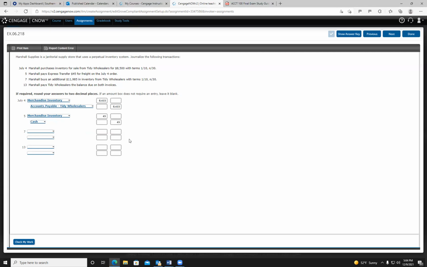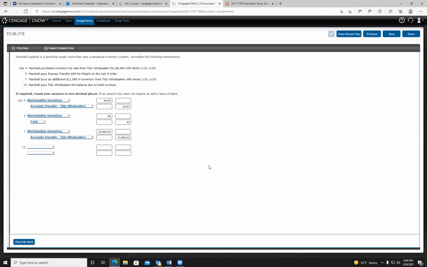So the total value of the merchandise inventory that we purchased is going to be $11,865.15. So let's hit that merchandise inventory account because we bought more inventory, and we bought it on account. So we're going to hit accounts payable, and we'll finish entering that amount in.